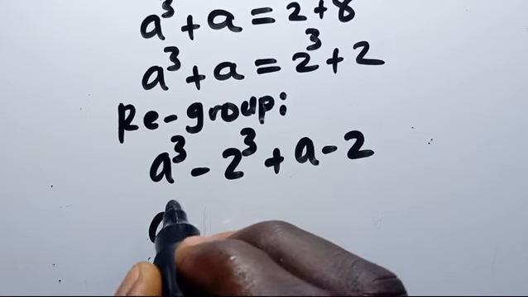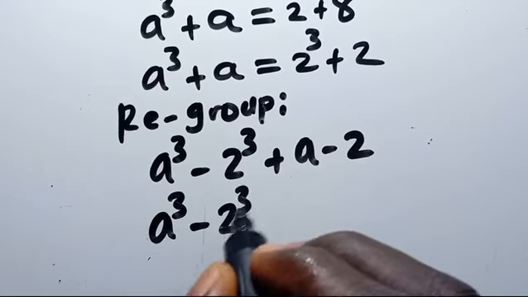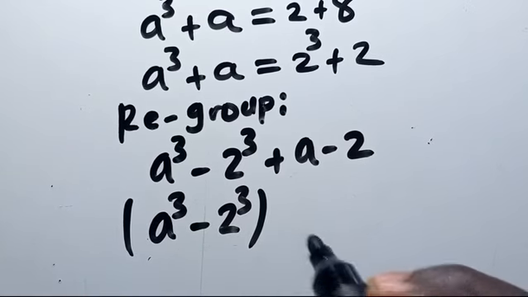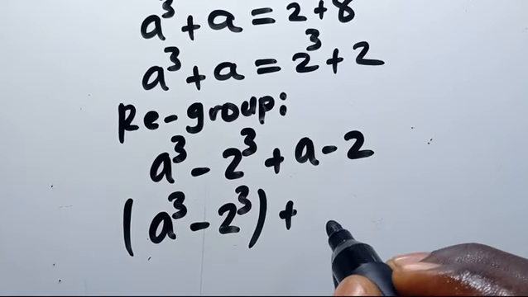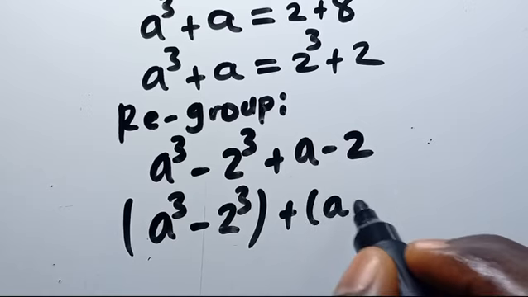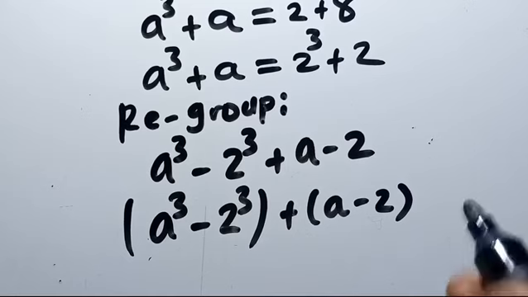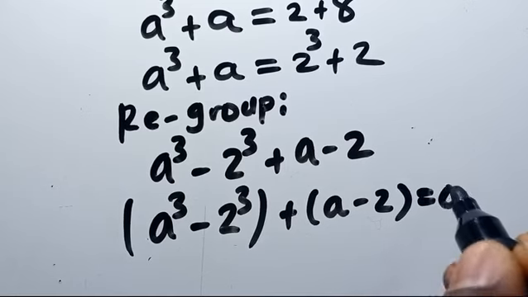We have a to the power of 3 minus 2 to the power of 3, let's keep them as this, plus, in parentheses, a minus 2. Then everything will be equal to 0.